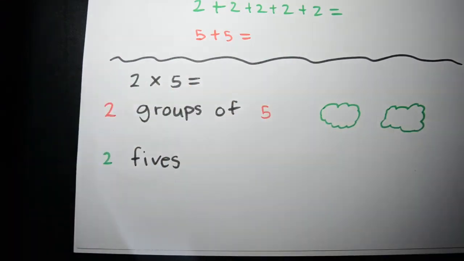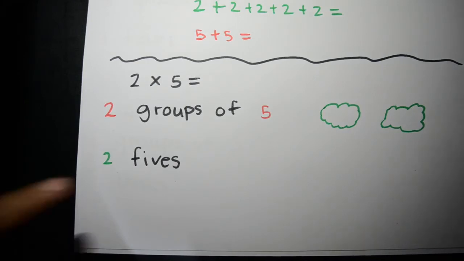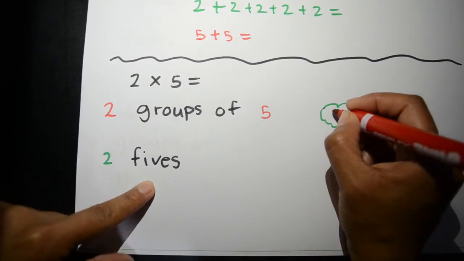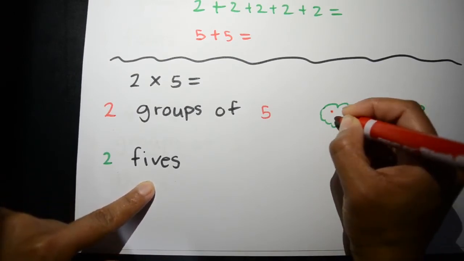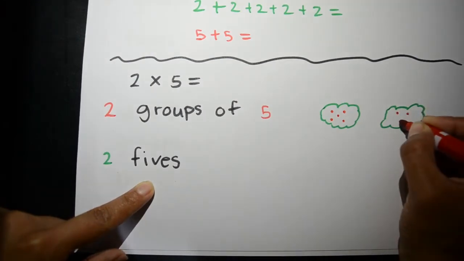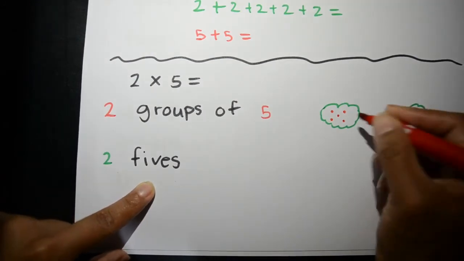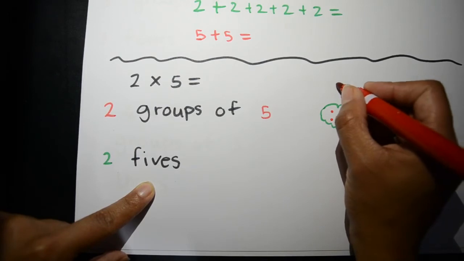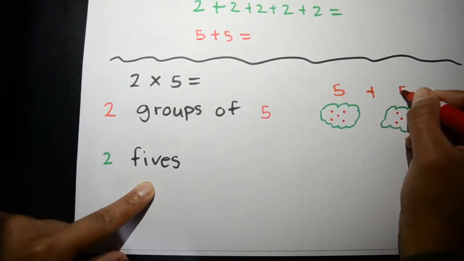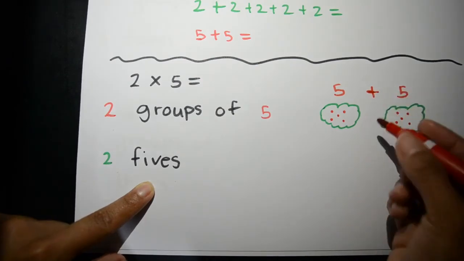Okay, so all I'm going to do is take my dots, and inside this group, how many are there going to be? They're going to be 5. So it's 1, 2, 3, 4, 5. And inside here as well, 1, 2, 3, 4, 5. So this would actually be 5 plus 5, because we count the dots, right?